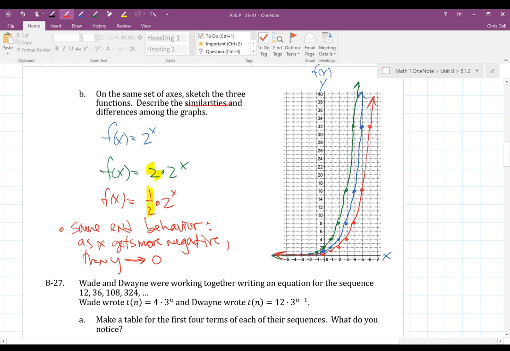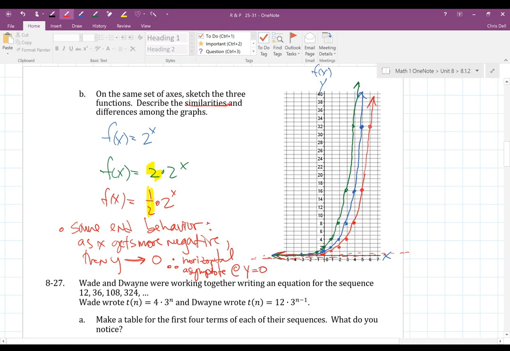So there's an asymptote. Therefore, it's called a horizontal asymptote at y equals 0. It never crosses it, but it gets closer. That's what we call a horizontal asymptote at y equals 0. Okay.